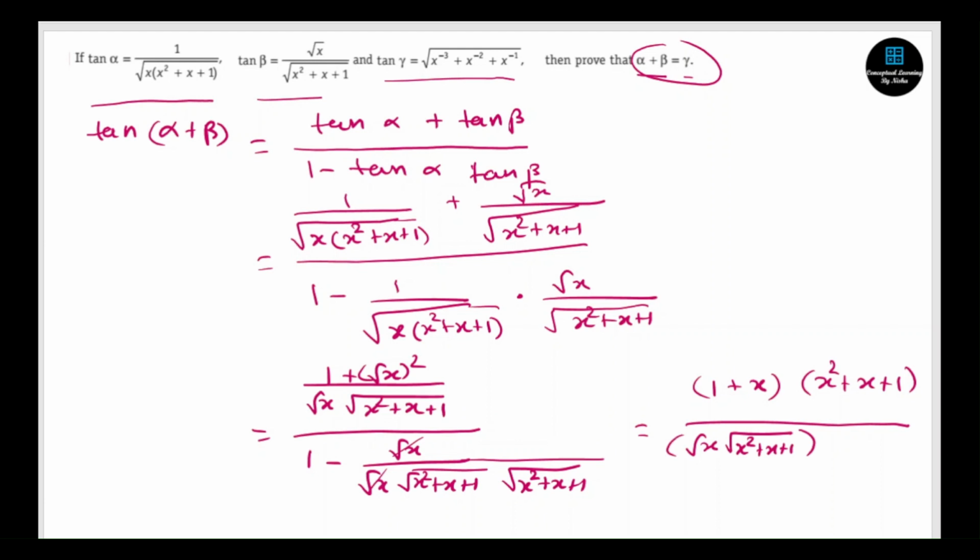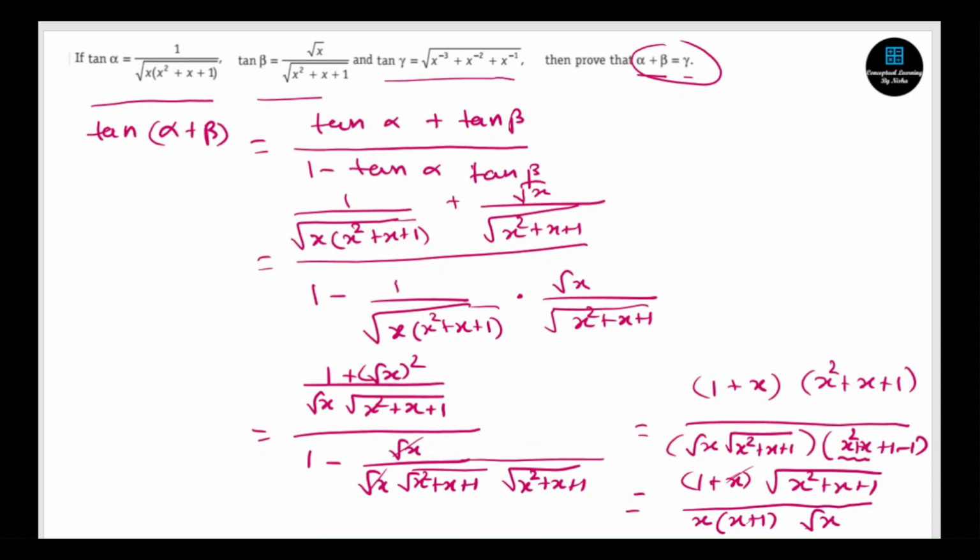And here when I simplify, I'll get x square plus x plus 1 minus 1, which is 1 plus x square root of x square plus x plus 1, and in the denominator I can take x common from this. See, I have x square plus x, so I can take x common, so I'll get x plus 1 and then this square root of x. Alright, so I'm going to cancel out this too.